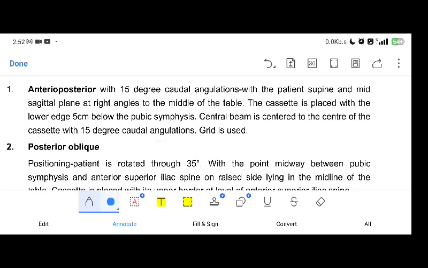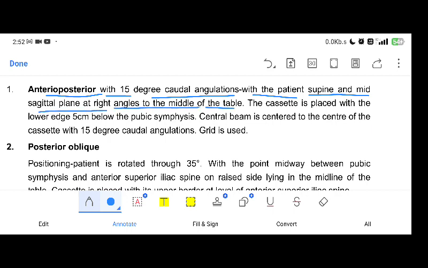For the urinary bladder, we take an anterior posterior view with 15 degree caudal angulation, with the patient supine and the mid-sagittal plane at right angles to the middle of the table. The cassette is placed with the lower edge 5 centimeter below the pubic symphysis and the central beam is centered to the center of the cassette with 15 degree caudal angulation.